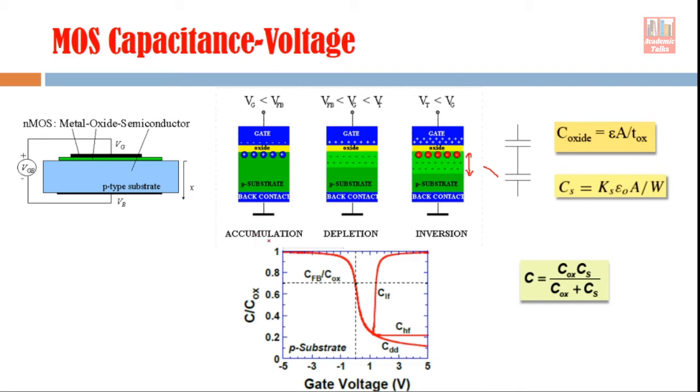So starting from this portion to almost here, you are in the accumulation region, and when this gate voltage is increasing towards the positive side, depletion region formation starts. This depletion region starts here, and then from here to here, all this is your depletion region.